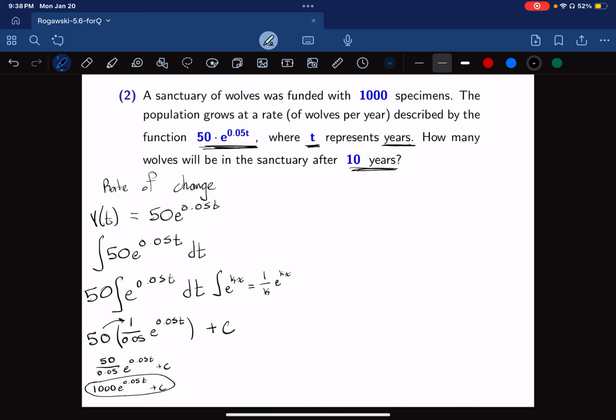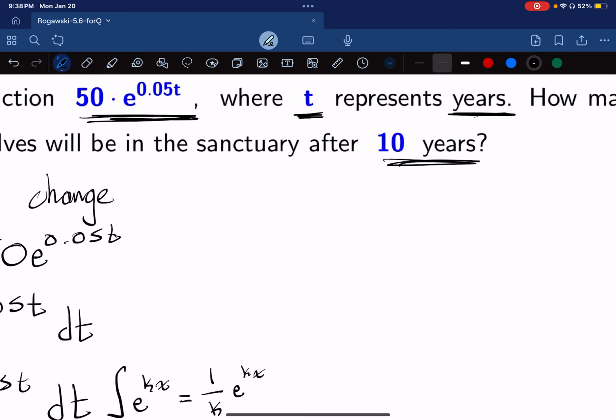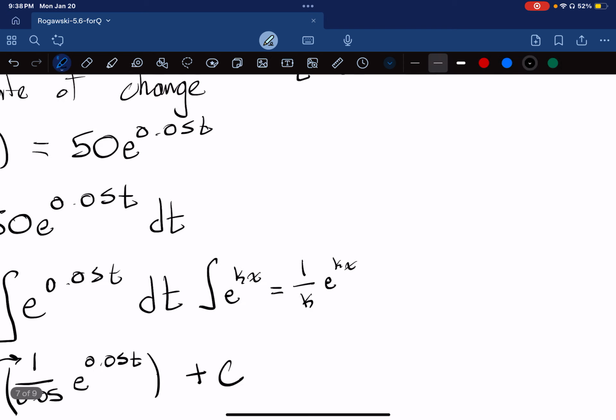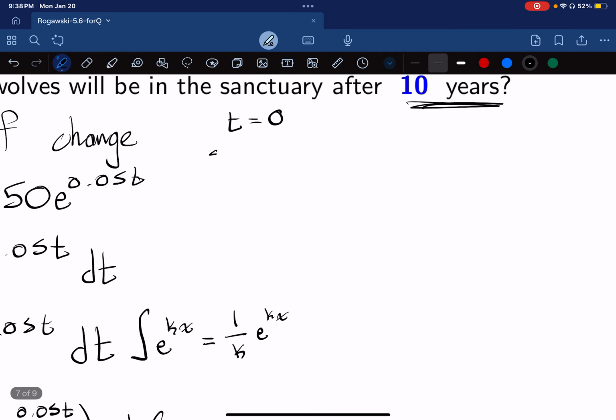Well, what we very obviously know is when this sanctuary of wolves started, it was originally funded with 1,000 specimens. This means that when t equals 0, there were 1,000 specimens, or you could just say in this case that s of t when t equals 0 was 1,000.